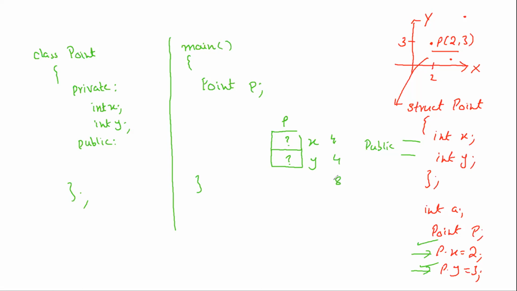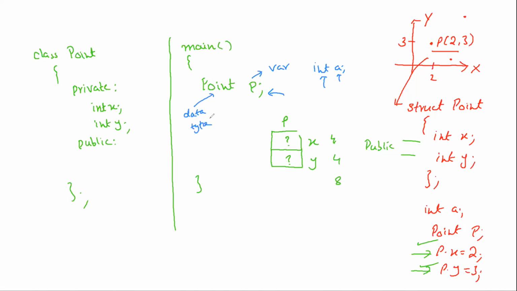Another important thing that I would like to discuss is this statement, point p. As I told you, it is very similar to the way you write int a. a is variable, int is data type. So here p is your variable and point is your data type.